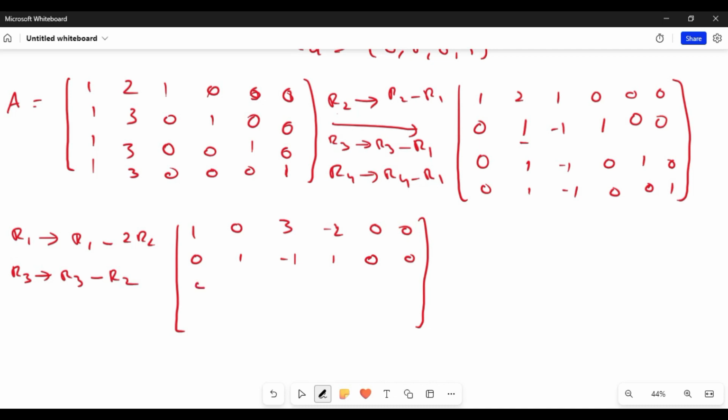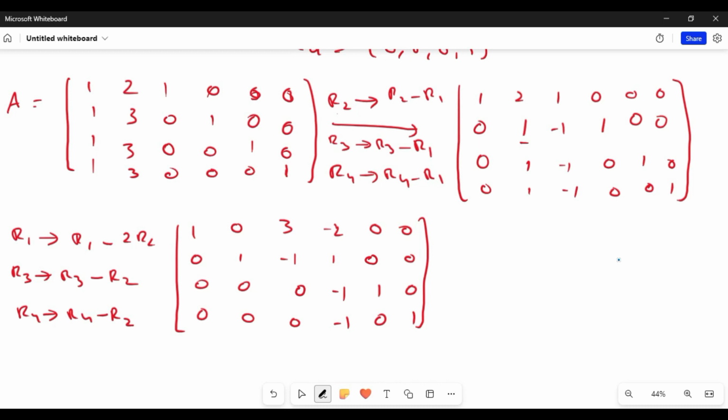This is already 0, so here 0 1 minus 1 minus 1 0 0 minus 1, 1 minus 0, 0 minus 0. For R4 the formula will be R4 minus R2. You get all zeros here, 0 minus 1, 0 minus 0, 1 minus 0.